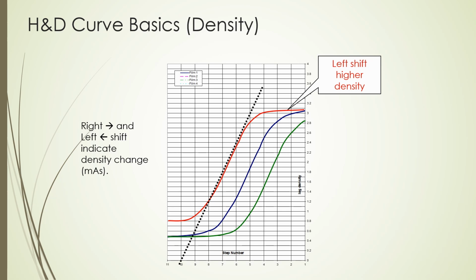Here is where I will attempt to equate digital and analog film screen radiography. In reality, we can't generate an H&D curve from a digital image, so we need to make some educated guesses as to how the two systems are related.